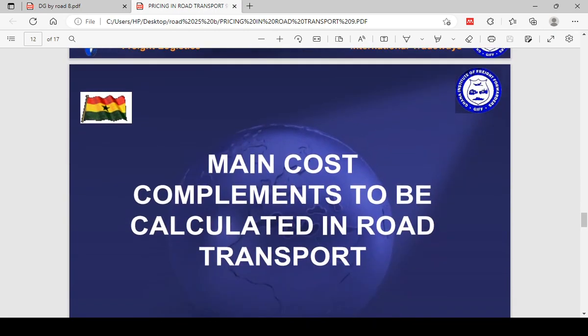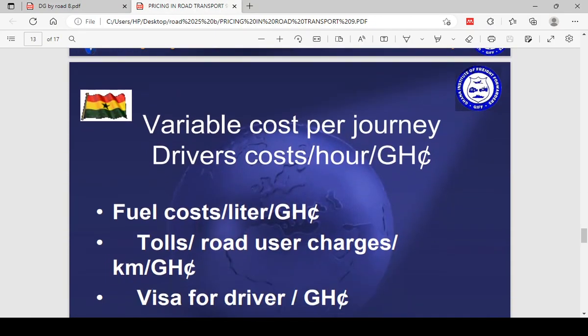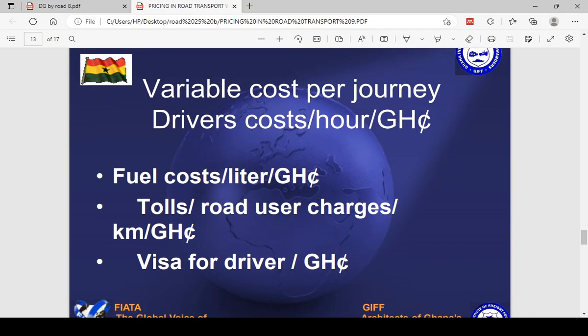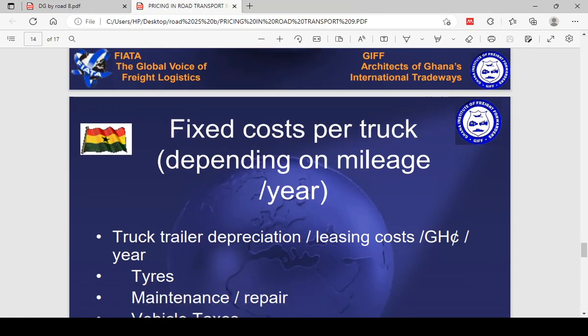So the main cost components to be calculated in road transport are fuel cost per liter in cedis, road user charges per kilometer, visa for the driver, and all those things. Fixed cost per truck depending on mileage or year.